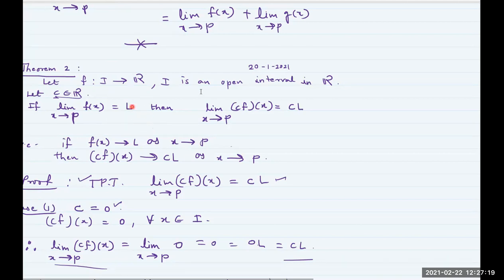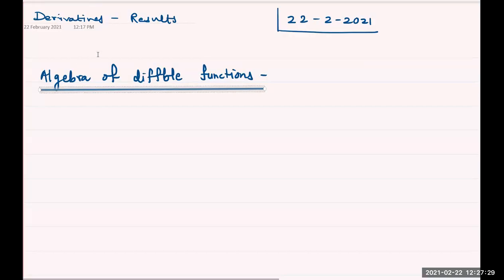Similarly, you have the algebra for differentiable functions. So that is now in unit 2. What we are studying right now is unit 2, so algebra of differentiable functions. Let us state the theorems today. I will not be proving it today itself.